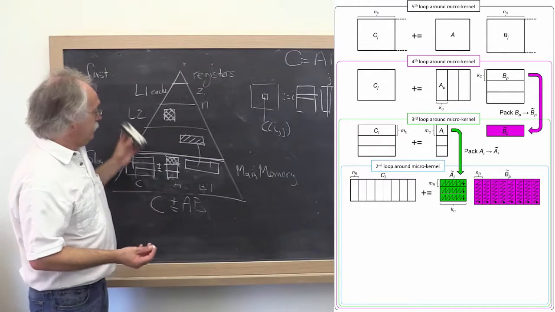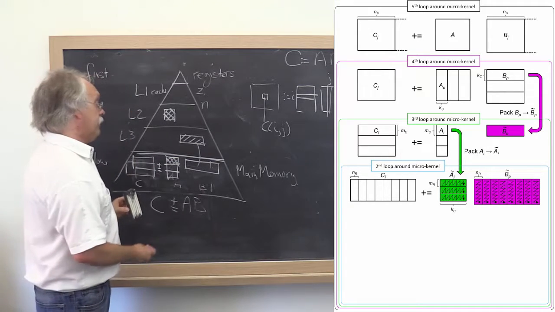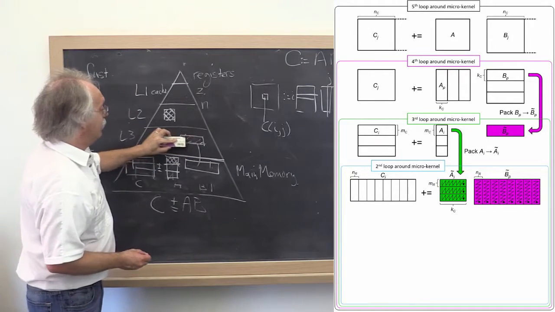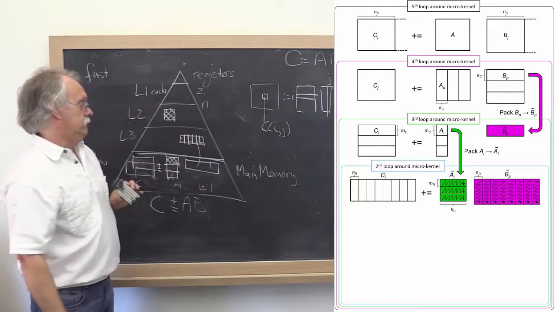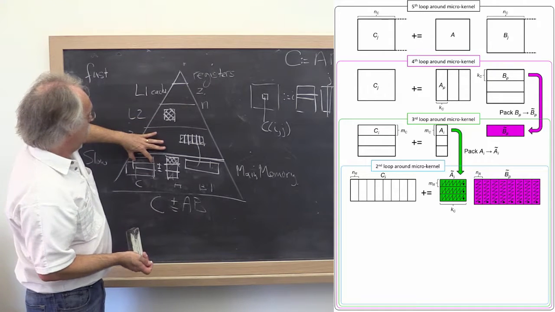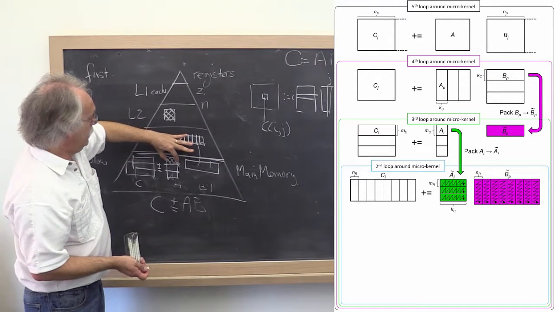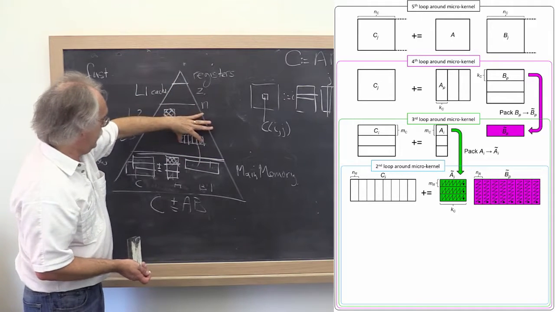Then we take this data that is now, quote unquote, in the L3 cache and we partition it into smaller blocks. The idea being that this block has to be updated with this times that, which is now this times that.